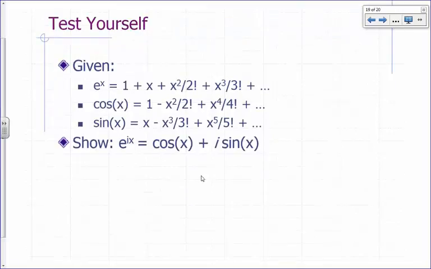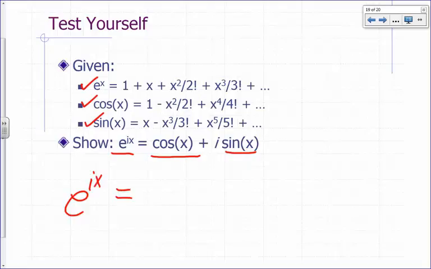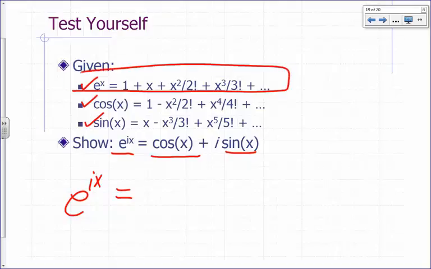Here's where you can show Euler's formula, that e to the ix is equal to cosine x plus i sine x, in terms of the power series expansions of e to the x, cosine x, and sine x. So let's do, for example, e to the ix. What would it be? Using this, 1 plus, instead of x, I'm going to write ix, plus, instead of x squared, I'm going to write ix squared over 2 factorial.